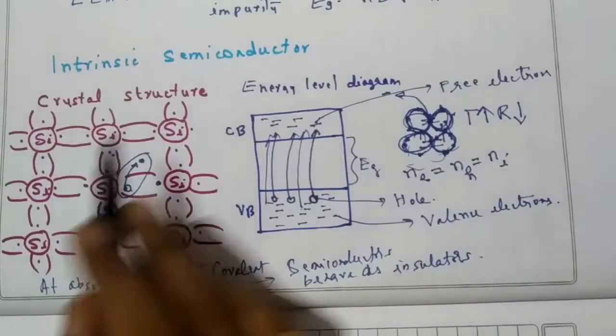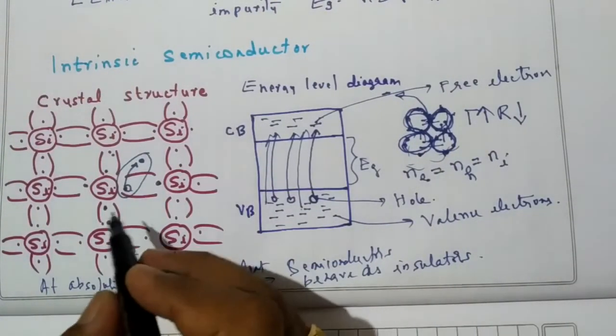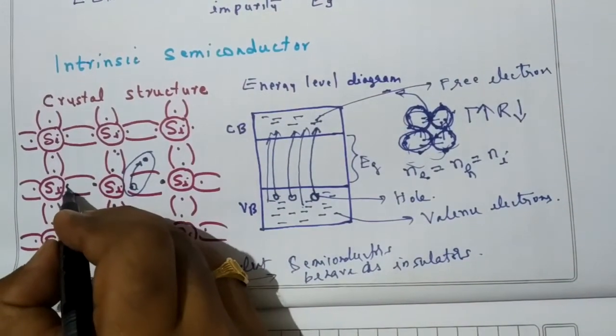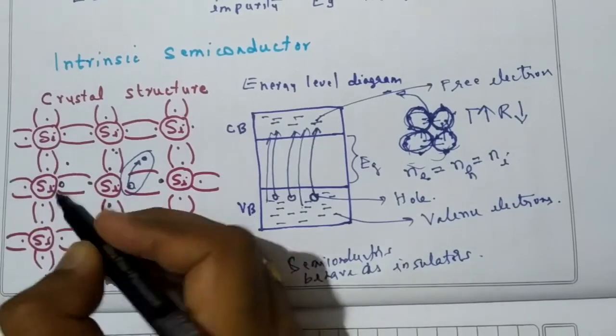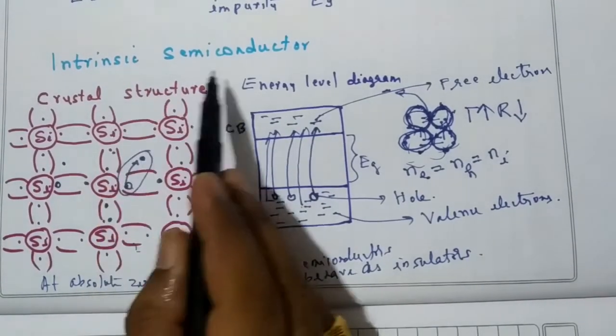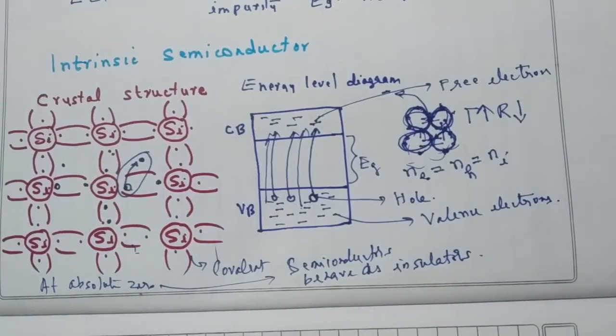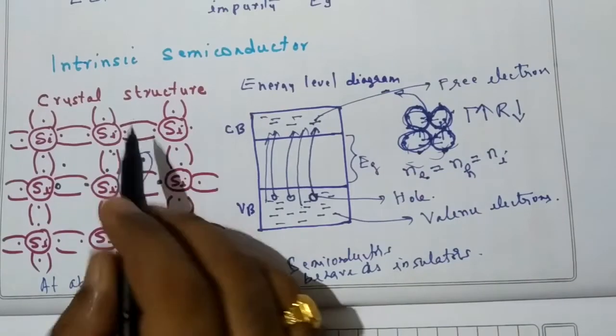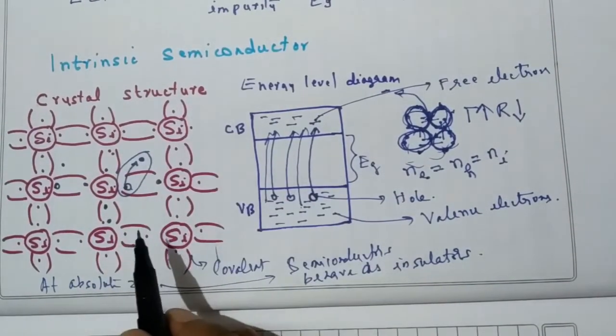Now this is the crystal structure. At room temperature, there will be many electron hole pairs. Now when you apply an electric field to this semiconductor, these electrons are free and those electrons drift toward the positive of the battery.